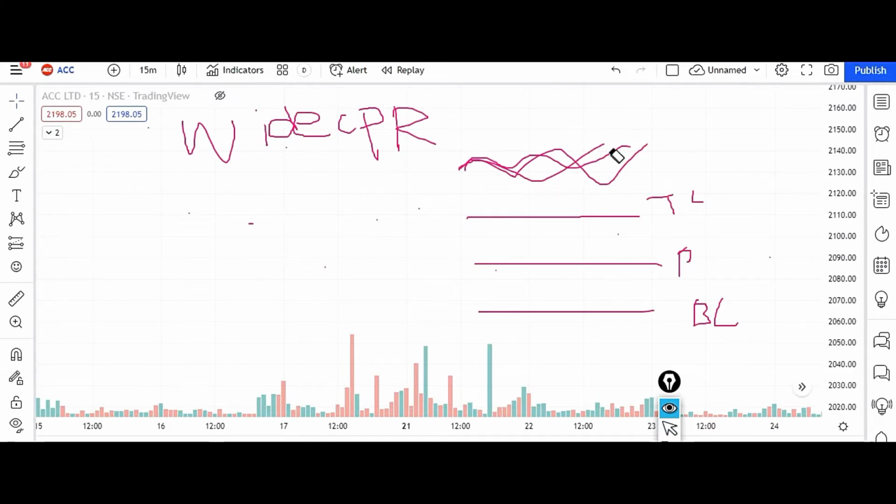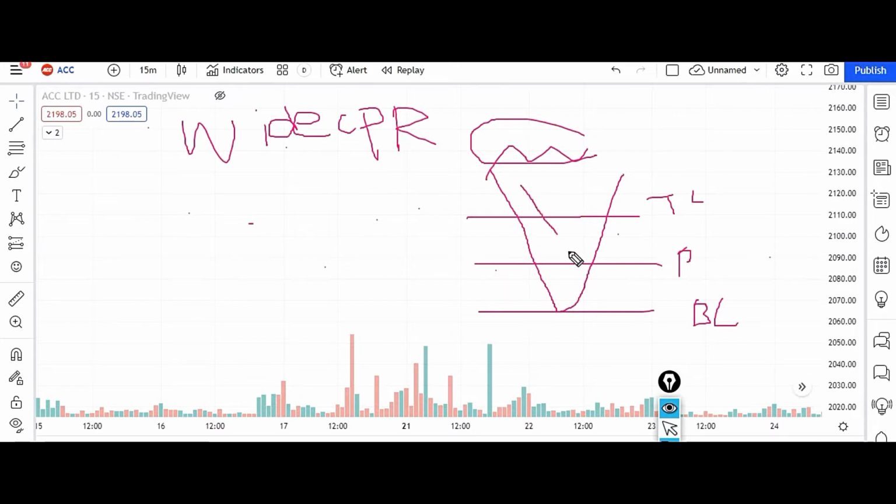In very few scenarios, price may come up to this level, touch it and hold it. It means if the price is trading above this level, it will try to hold the upside direction only. Most of the time the price comes to this mid pivot and reverses from here, and it will hold the upside levels.